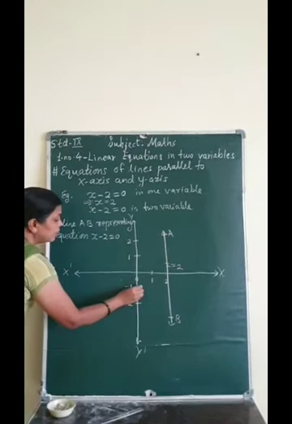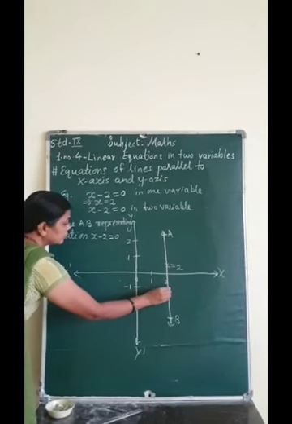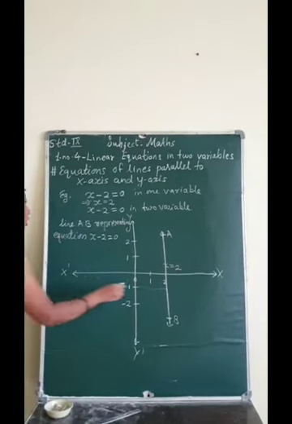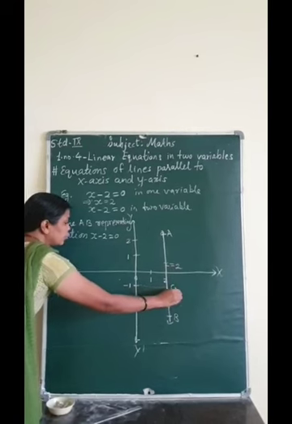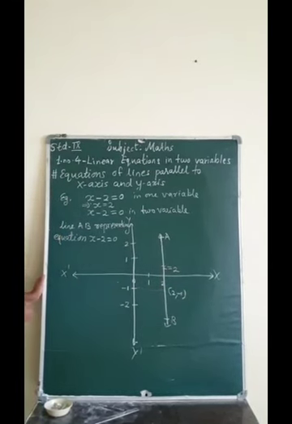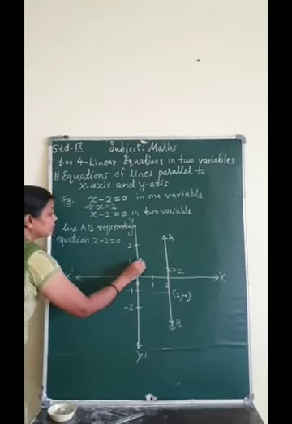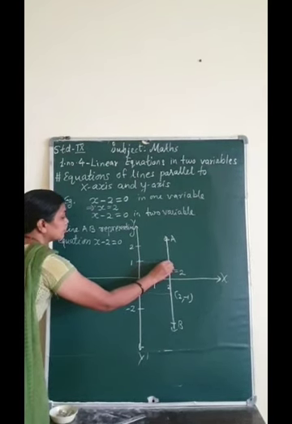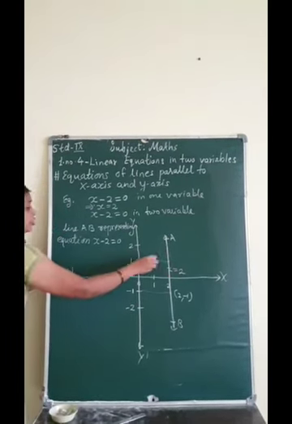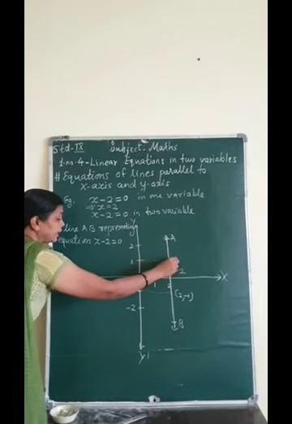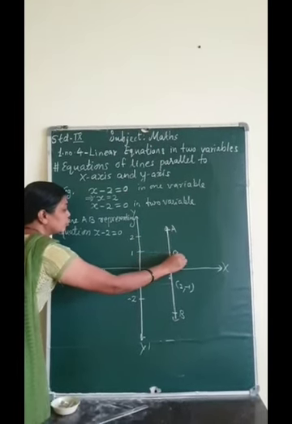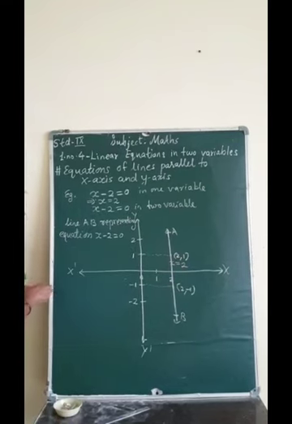For example, if you take this point, what are the coordinates of this point? That is 2, minus 1. Even this point is a solution for this equation, that is 2, 1.